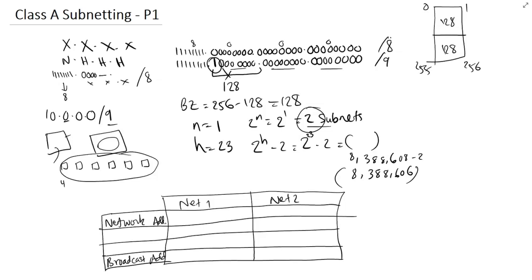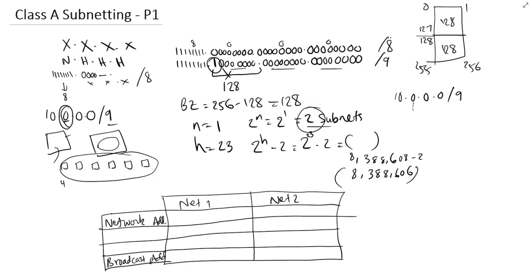So what we have here is the first, it starts from 0, it will end at 127, and the second one will start from 128 and it will end at 255. So what we have at the moment is this octet here is starting from 10.0.0.0/9.